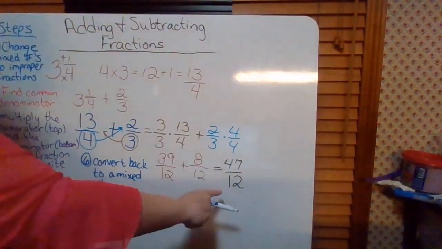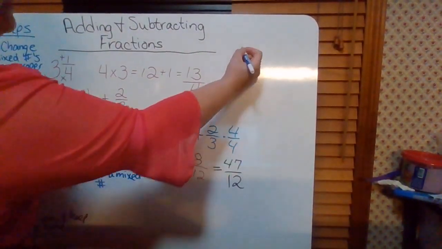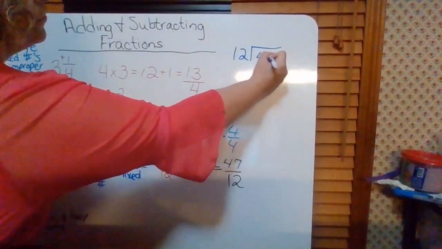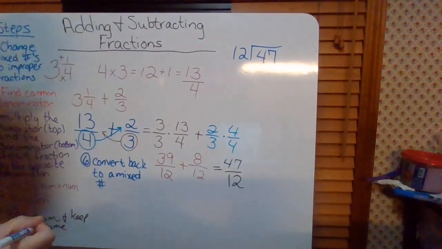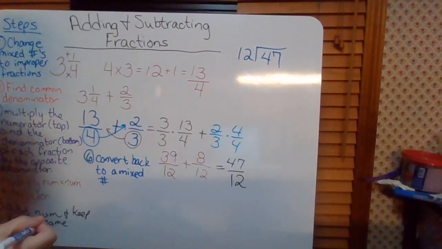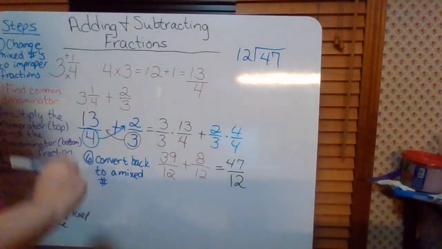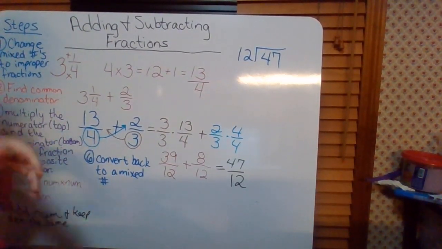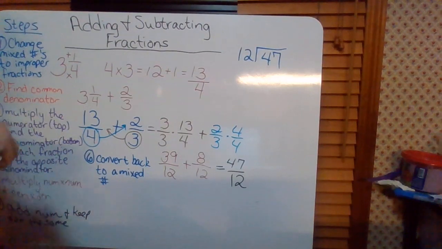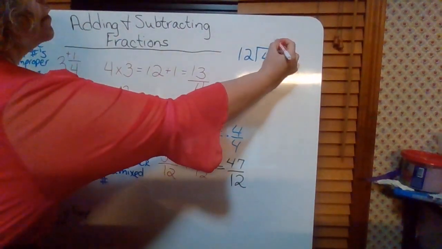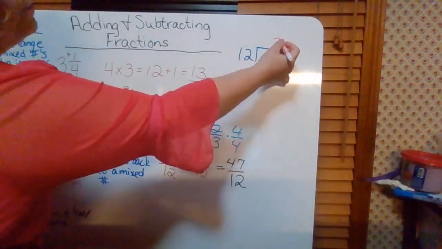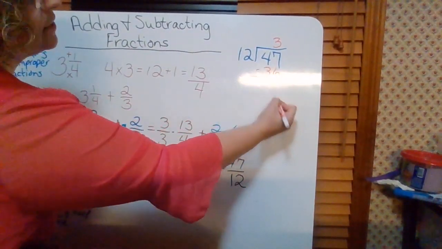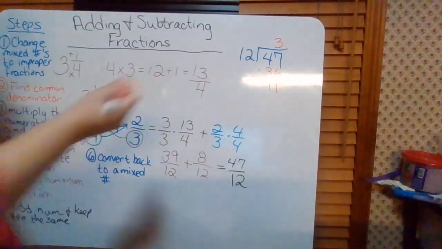So I'm going to divide this. How many times does 12 go into 47? If that was 48, it would be 4, but it's not. So that means that 12 goes into 47 3 times. 12 times 3 is 36. When I subtract, that gives me 11.